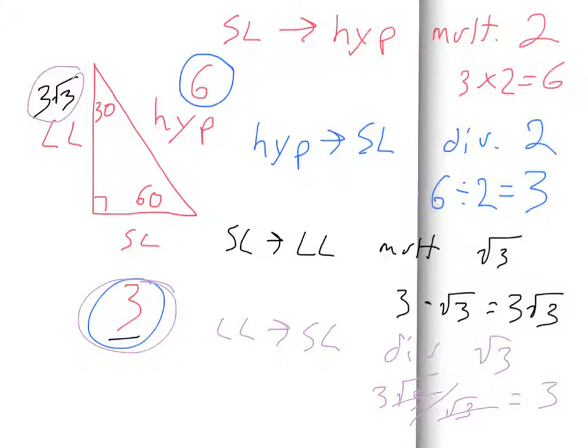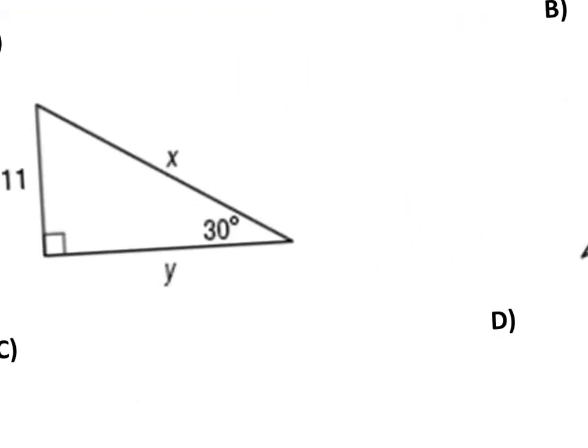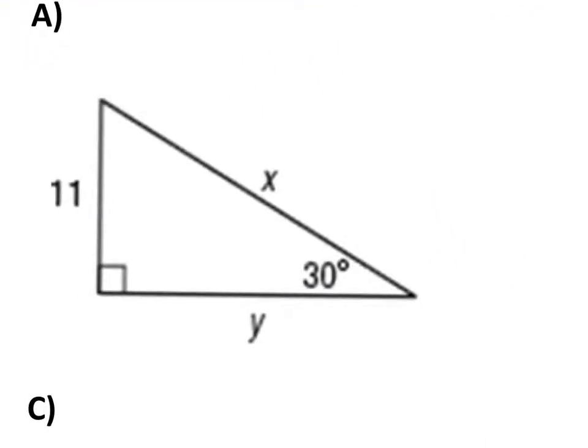So let's look at some examples from our notes. So here we're looking for x and y. And let's identify this. X is the hypotenuse. 11 is the short leg. Y is the long leg. If we're going from short leg to hypotenuse, remember, we just multiply times 2.